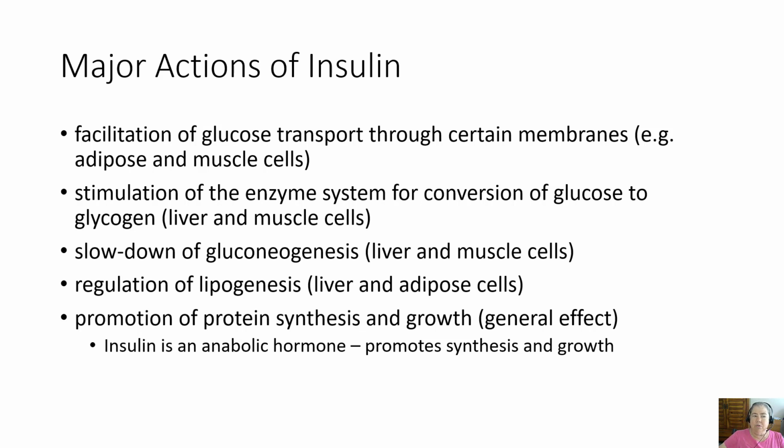It helps to regulate the production of lipids, lipogenesis, and it has a general effect to promote protein synthesis and growth. So insulin is an anabolic hormone. We said cortisol was a catabolic hormone and triggers the breakdown of proteins and of muscles. Well, insulin promotes protein synthesis and growth.